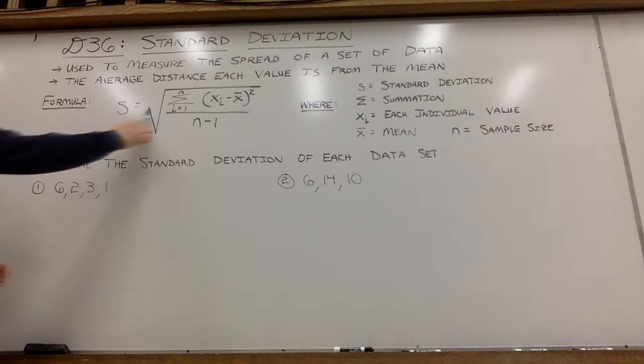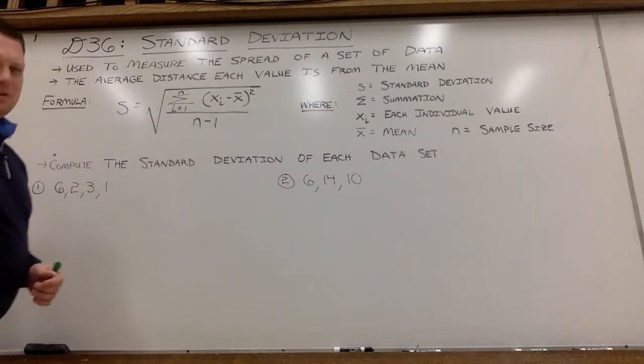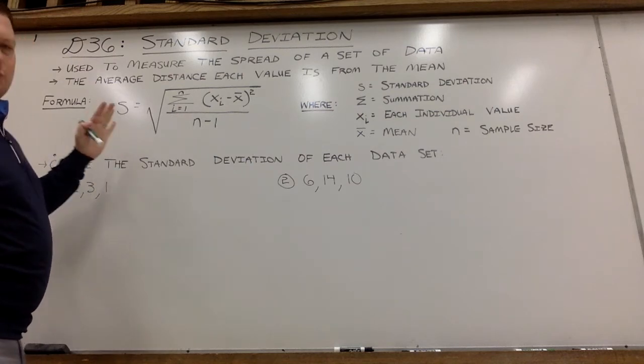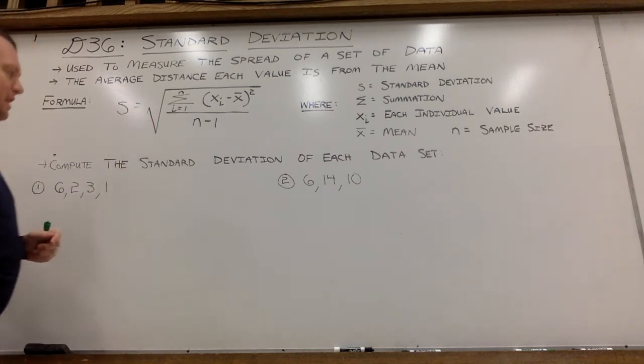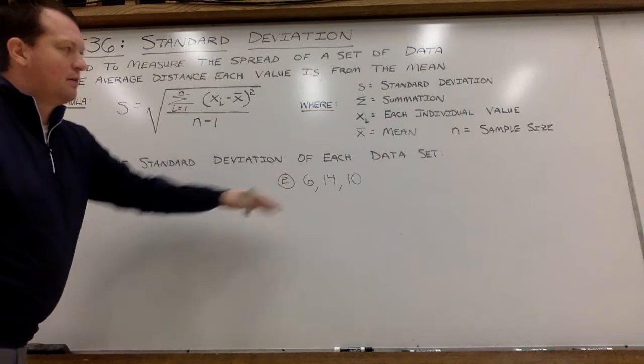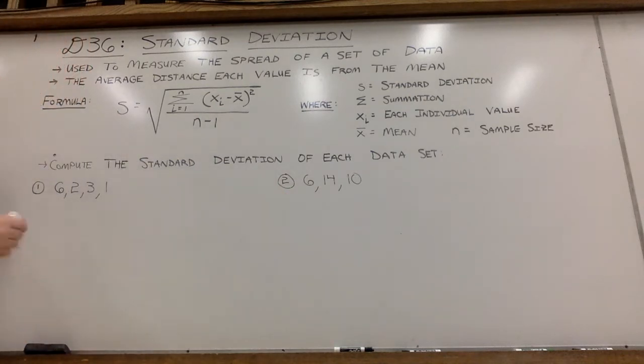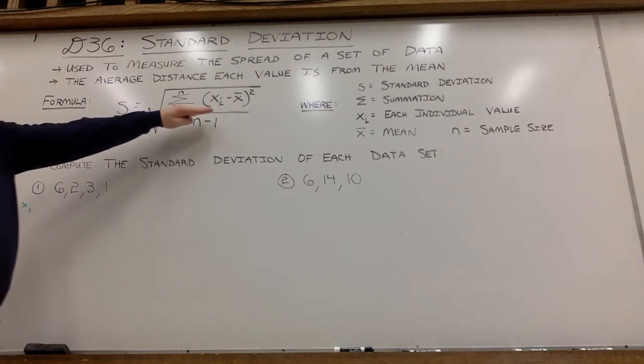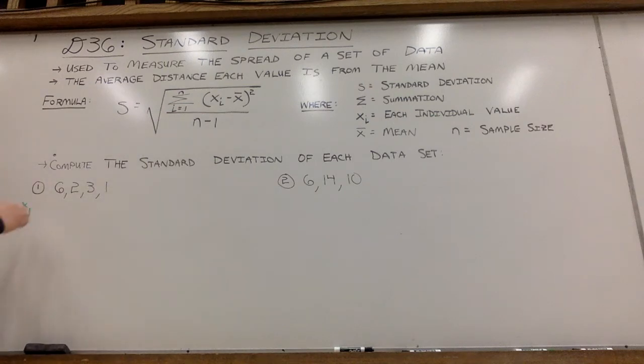So here is the formula I'm going to use. The formula looks a little complicated, but it really is very straightforward, and I think you'll be able to follow it here with our 2 examples. I'm going to work through the formula definition as I do example 1. What I'm doing right now is identifying 4 individual values.